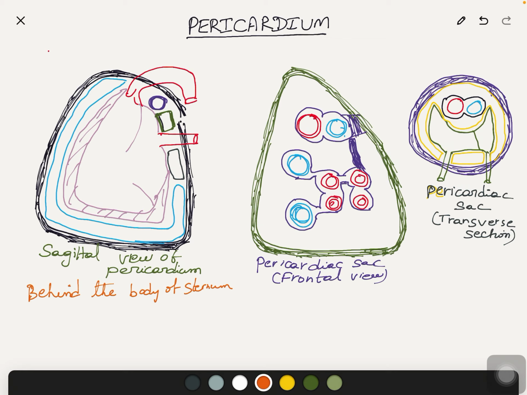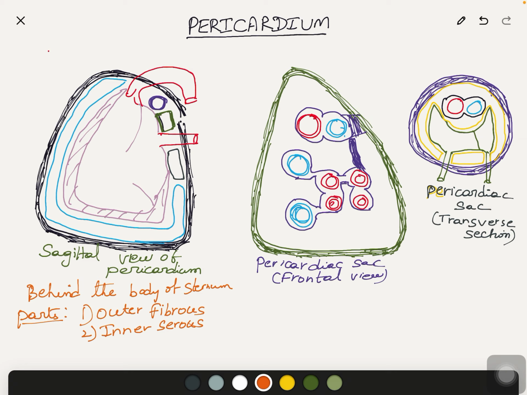Now we will see its component parts. Pericardium consists of two parts: outer fibrous sac and inner serous sac. So these are the two parts of the pericardium, outer fibrous and inner serous. We will see in this picture.